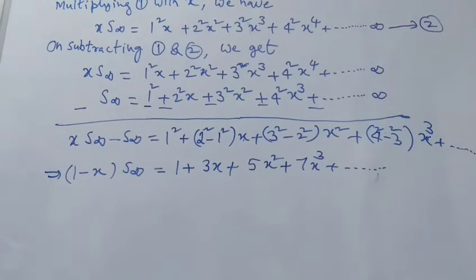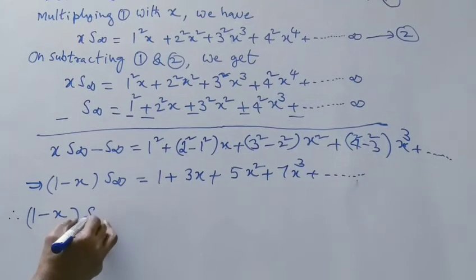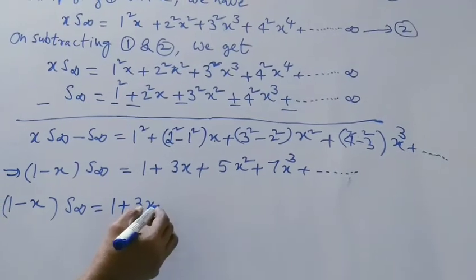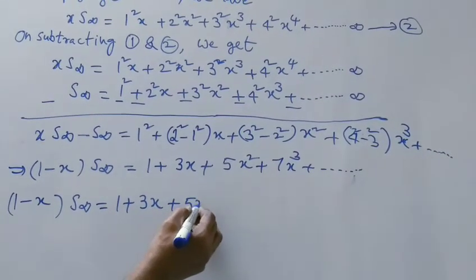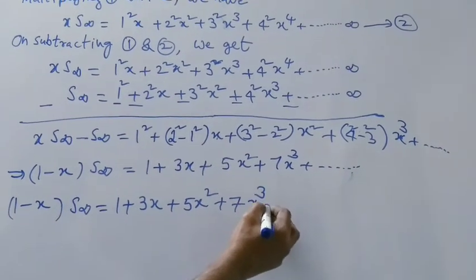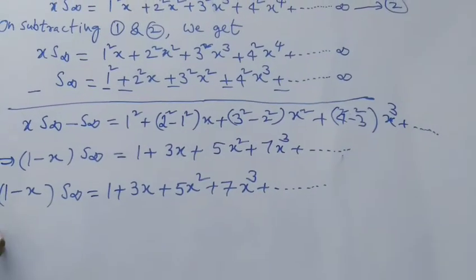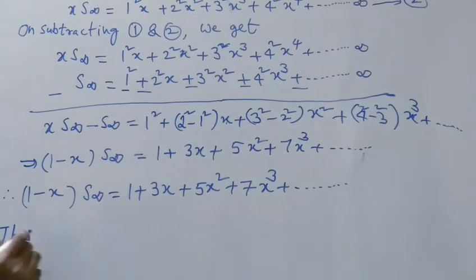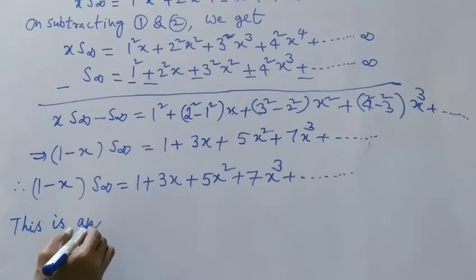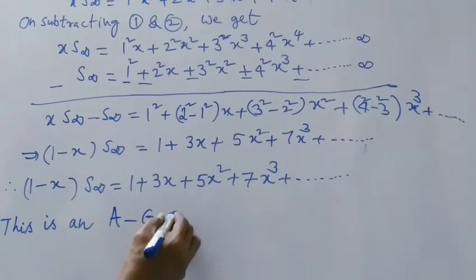Therefore 1 minus x into S infinity, the sum to infinity, is equal to 1 plus 3x plus 5x square plus 7x cube plus and so on terms. This is an arithmetico-geometric series, an AG series.